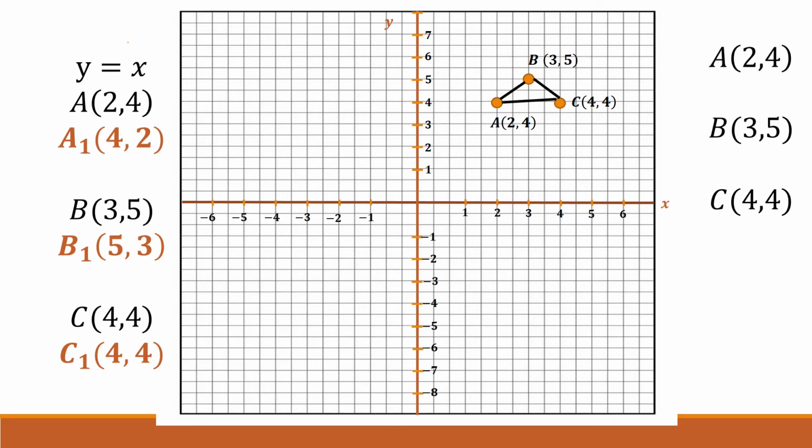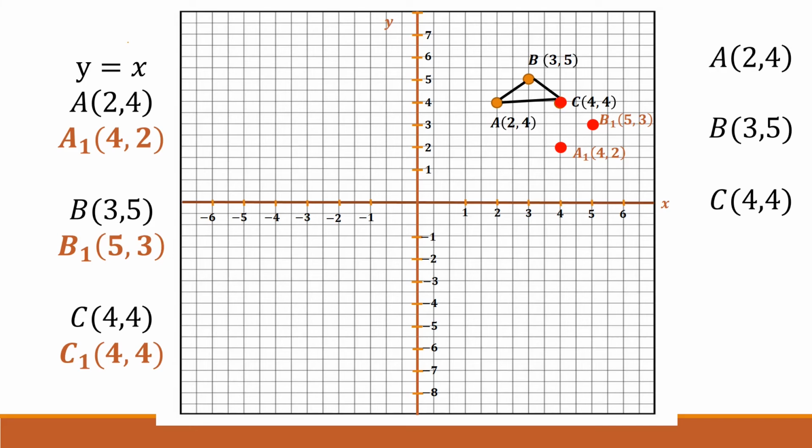And so we are going to plot this new point on the graph sheet. So I'll plot the first point, A1, which is 4 on the x-axis, then 2 on the y-axis. I'll pick the second point, which is B1, which is 5 on the x-axis, then 3 on the y-axis.